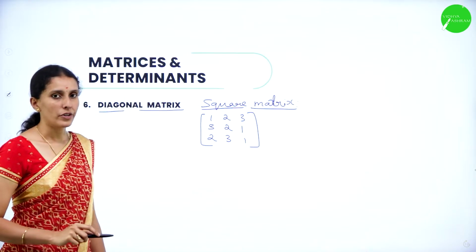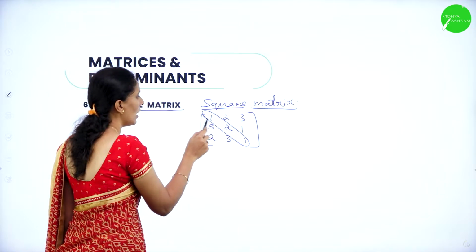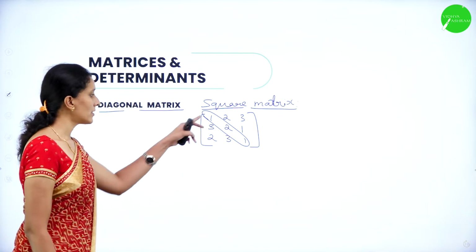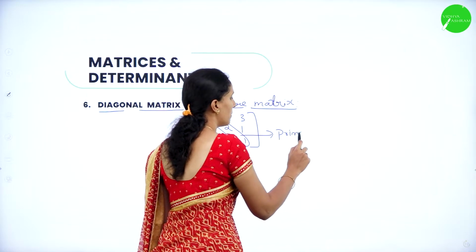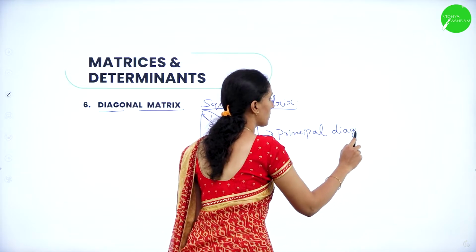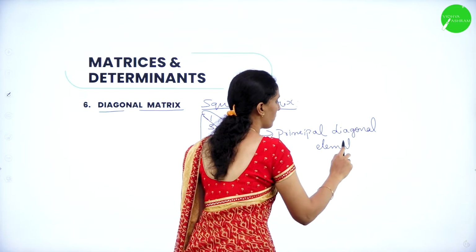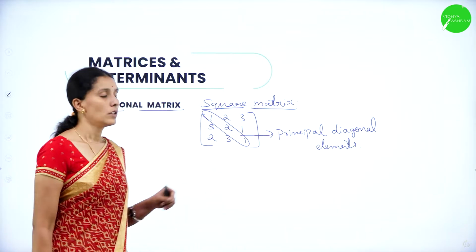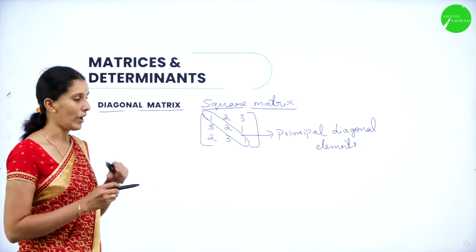In a square matrix, we have diagonal elements from left to right. This is called the principal diagonal elements. So this is called the principal diagonal elements of a square matrix.